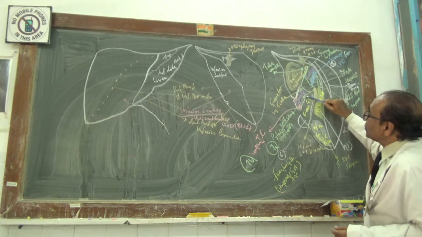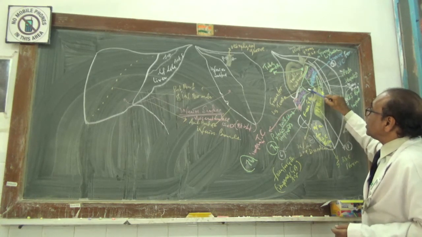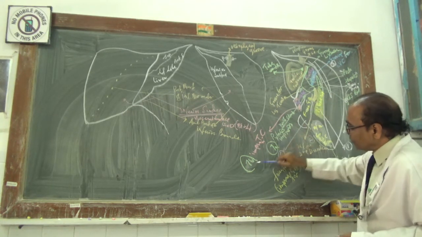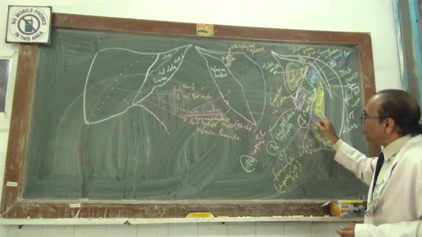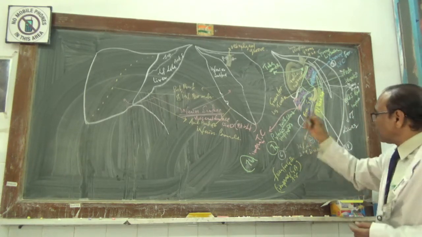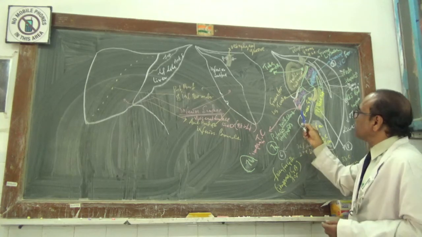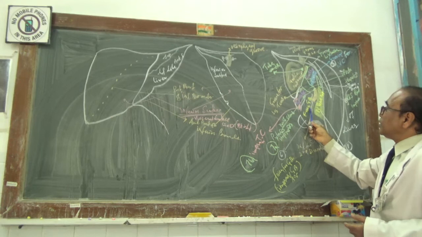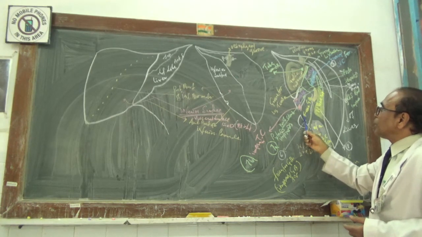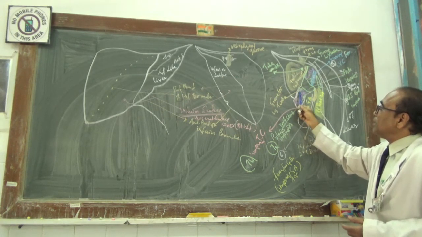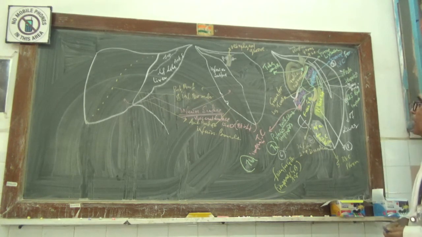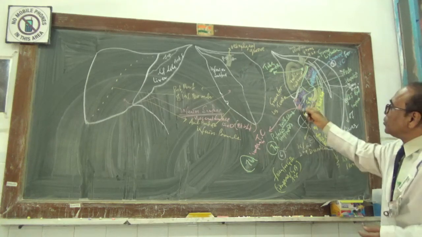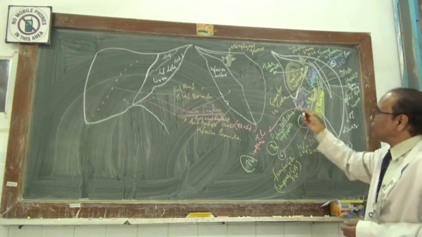Above it is related to the porta hepatis, below it is related to 7B, the impression for the transverse colon. Then laterally on the right it is related to the fossa for the gallbladder. Medially it is related to the fissure for the ligamentum teres of the liver.